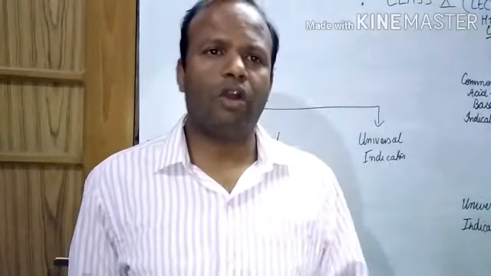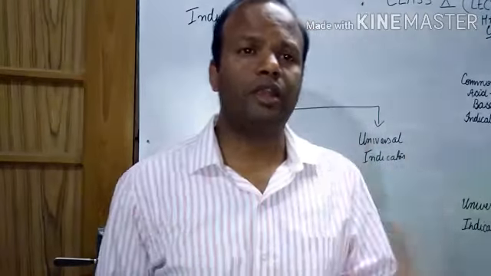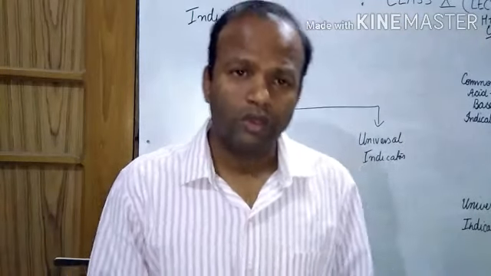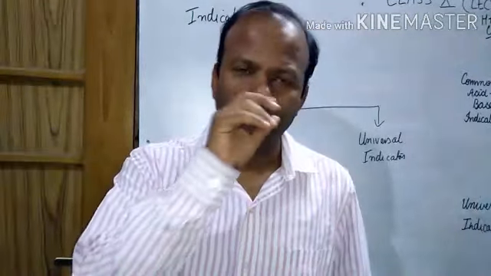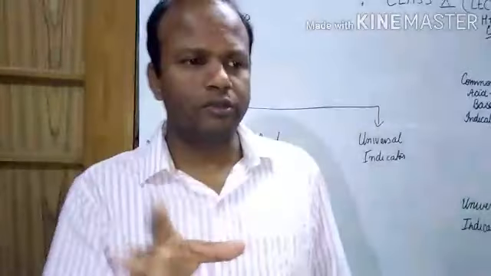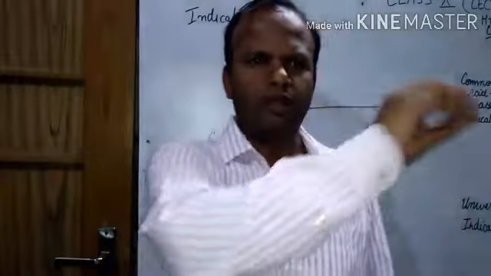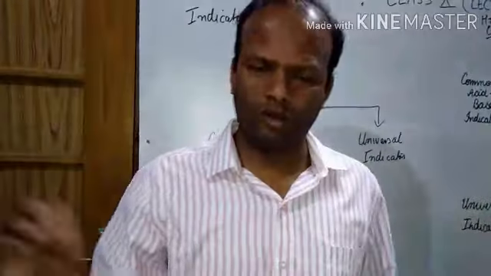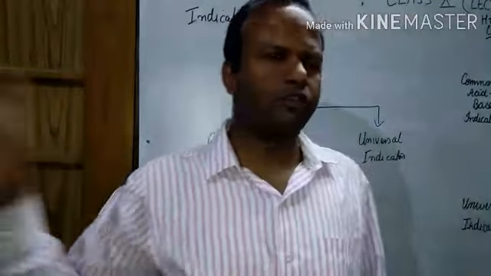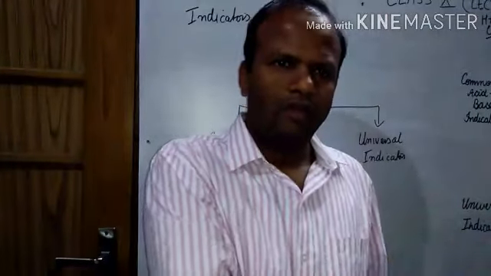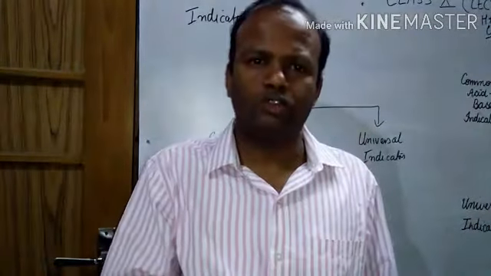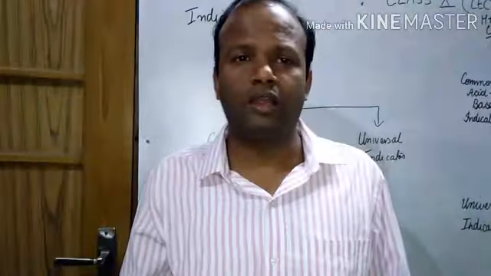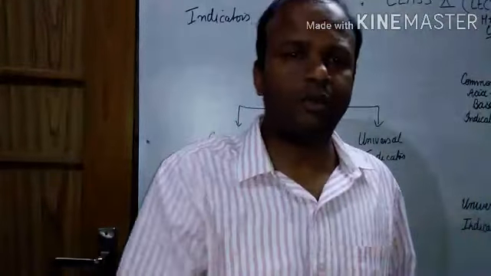Now indicators. What are indicators? Indicators indicate whether a particular compound or solution is acidic or not. Dear students, I would like to tell you the concept of how an indicator works, because in your book it is very well given that litmus changes from this to this, methyl orange changes from this to this for acid and alkaline, then phenolphthalein changes from this to this, and there is a very good chart showing the range over which each changes, the difference between an acid base indicator and a universal indicator, and how a universal indicator is more helpful.